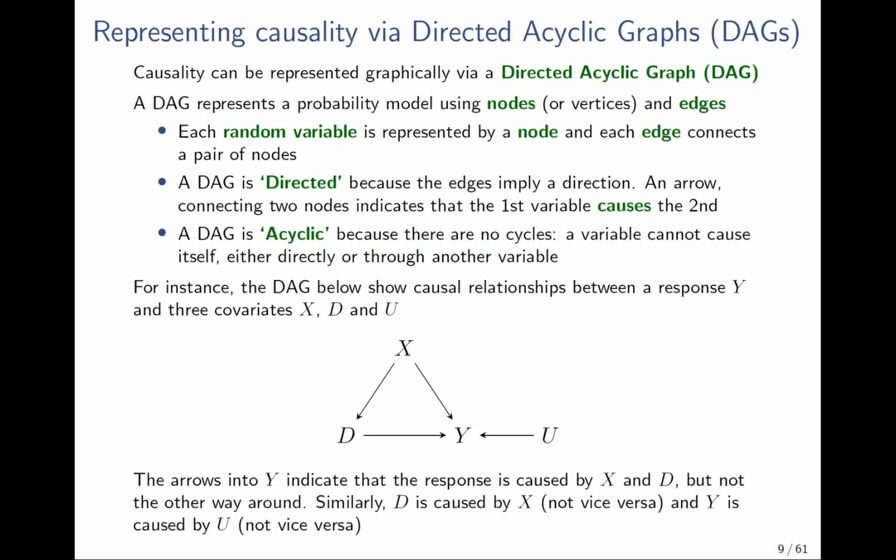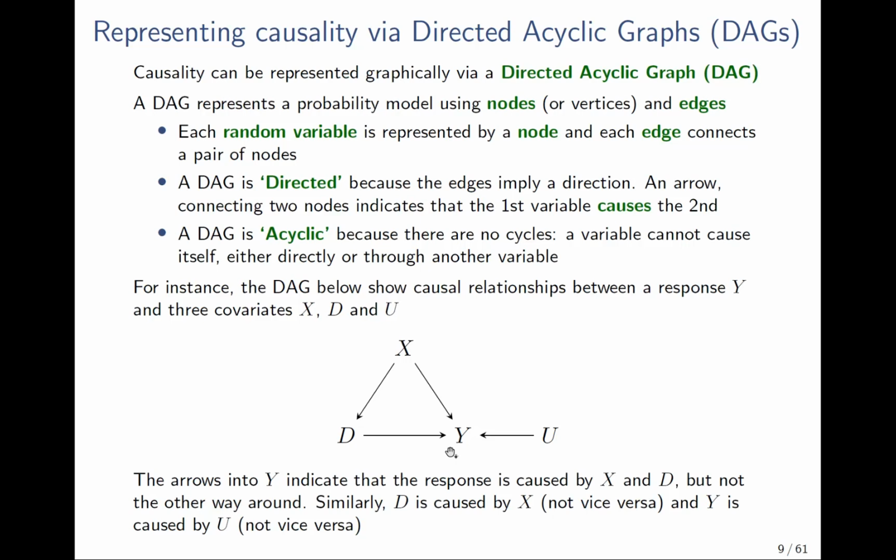So for instance, here's a DAG shown below showing causal relationships between a response variable y and three covariates x, d and u. And this DAG shown here is actually a very typical DAG that we use. It's basically a structure that's very common in causal inference. So in this case here, let's start with y, the response.